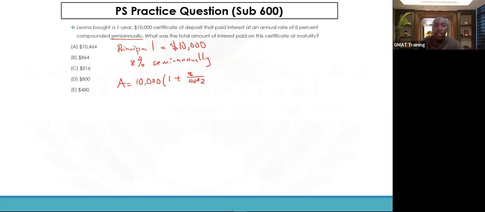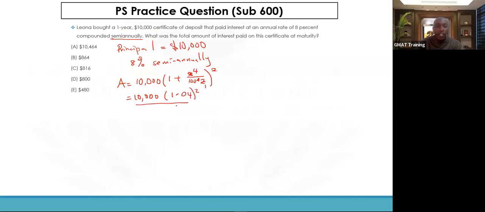There are 2 semi-annual compounding periods in a year, to the power of the number of years, which is 1 year for this 1-year certificate of deposit. And how many compounding periods are there? There are 2 semi-annual compounding periods. This simplifies to 10,000 times 1 plus, a factor of 2, 2 over 2 is 1 and 8 over 2 is 4, so that's 1.04 squared.